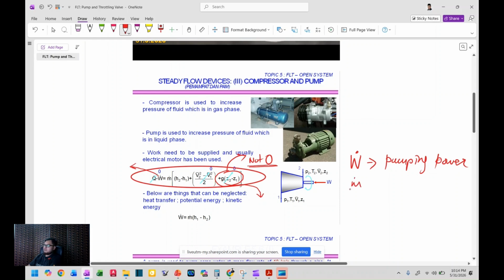And then your h2 and h1 are enthalpies, so these come from tables. Now for unit conversion for velocity, for kinetic energy, you will have to multiply the denominator by 1000. So this is going to be 2000. And for your potential energy, you will need to divide by 1000. Why?